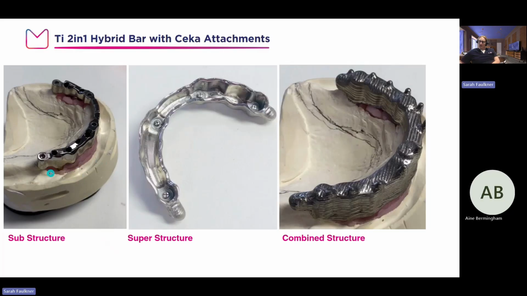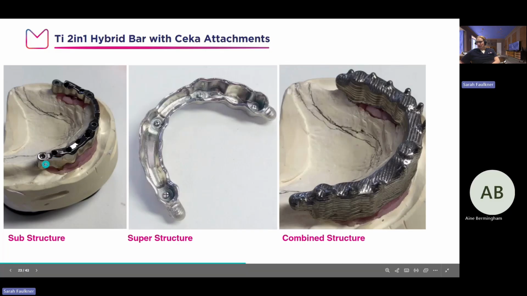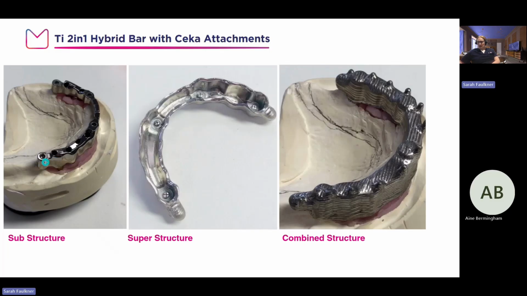So basically you have a permanently screw-retained bar section, and here we have a superstructure that has Seeker attachments. I don't know if any of you have used Seeker attachments, but you basically cement the pre-manufactured little cups into the pre-milled section of the bar itself.